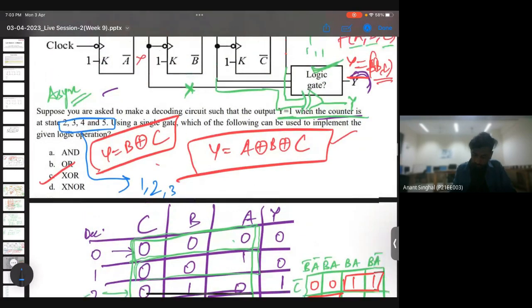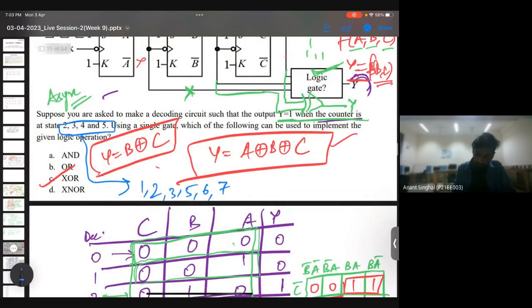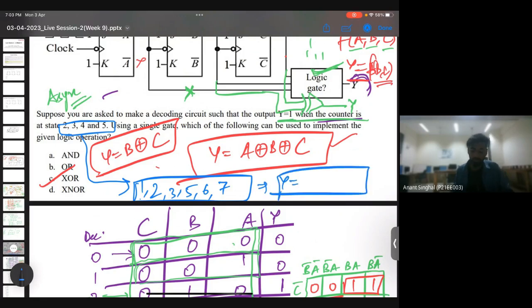Let me tell you the answer. Instead of this 2 3 4 5, the question says it is 1 2 3 5 6 7. So let me know what the answer for Y is and which gate it will require. I can give you 2 minutes. It is 1 2 3 5 6 7.